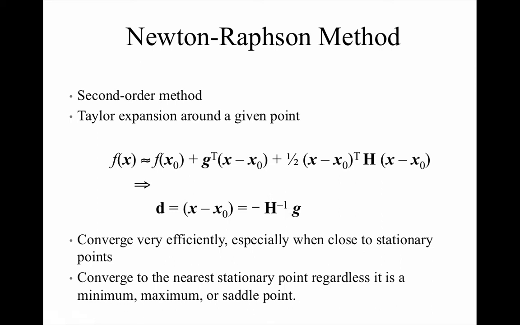So if we are in a position now where all the eigenvalues of the Hessian are positive, that is, we are rather close to an energy minimum on the potential energy surface, then we will actually take a step again in the negative of the gradient.